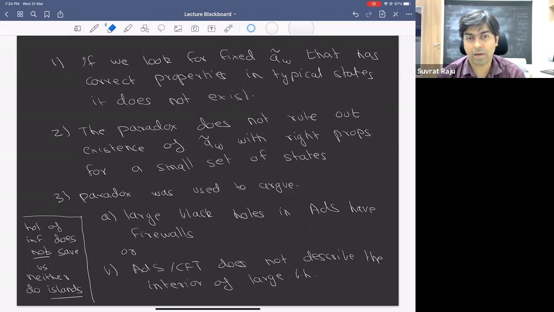So one has to address this paradox in a more direct way, in that one has to somehow find such operators A omega tilde. The resolutions we had for evaporating black holes, which were important to argue that the whole process is unitary and you don't lose information, are not enough to tell you that you don't have structure at the horizon of this kind for large AdS black holes.